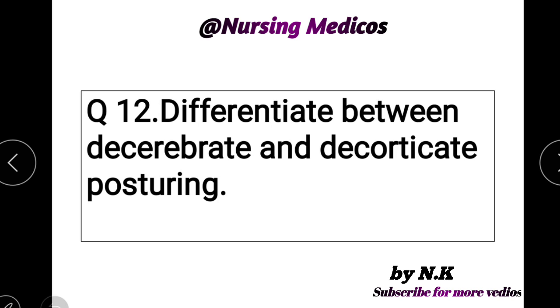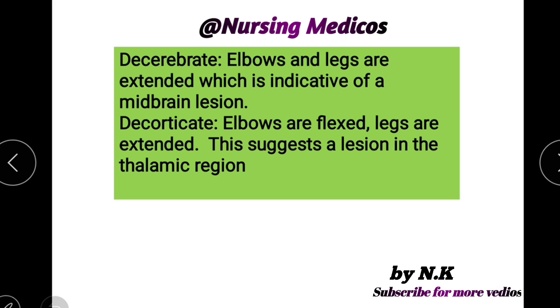The next, the 12th one, is the difference between decerebrate and decorticate posturing. We will see. Decerebrate means elbows and legs are extended, which is indicative of a midbrain lesion. Then decorticate, elbows are flexed, legs are extended.